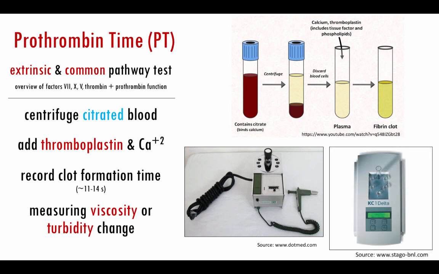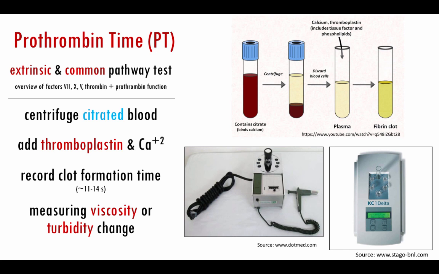There are now sort of turbidimetric ways of doing this. Similar to the platelet aggregation study, we can kind of see a change in viscosity, a change in opacity. And so that will help us know if there has been a clot formed or not. We actually have this little one. This is a point of care test, meaning it goes with you to the place where the patient is rather than is done in the lab.